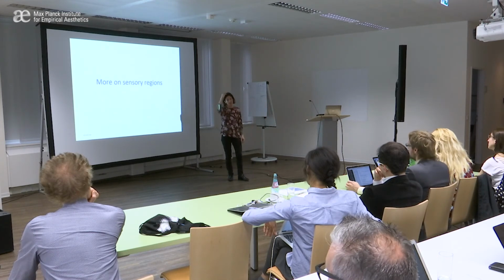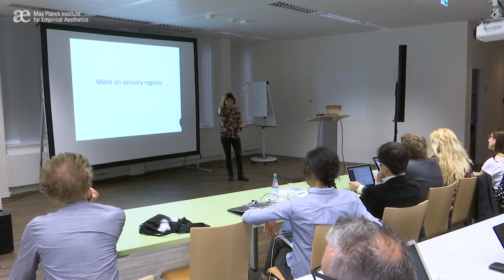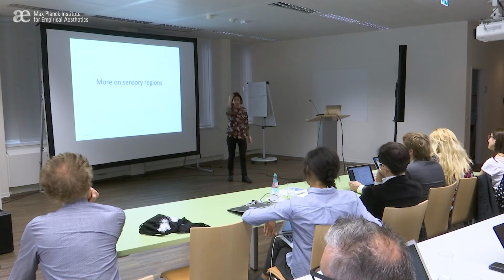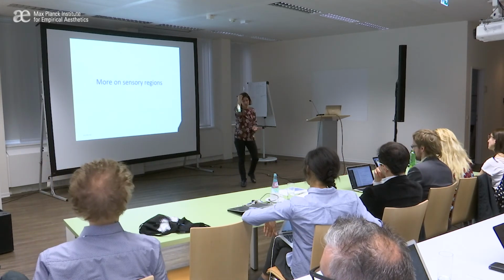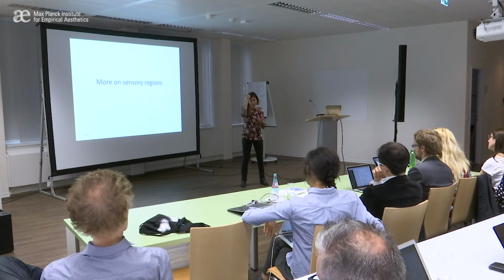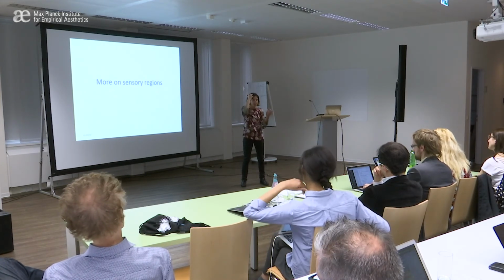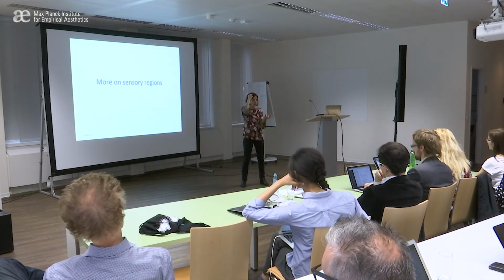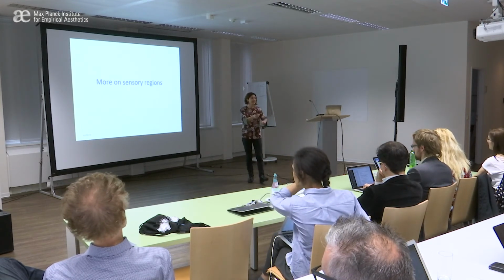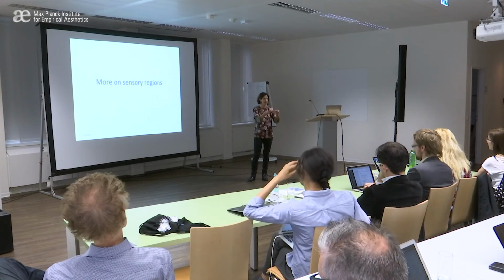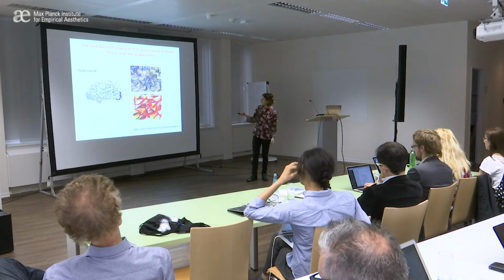But what about sensory regions? We have evidence, again from very nice neuroimaging studies, that some sensory regions do not just code for the presence of an object or object features like motion, but they also code their value. Basically, they activate more when you find an object more beautiful.